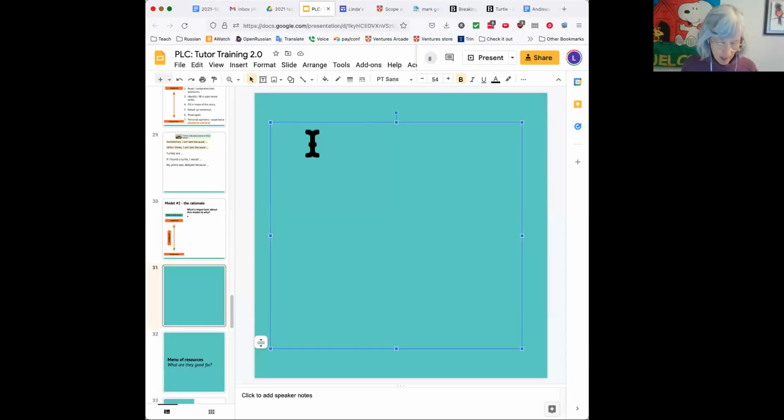So I focus on understandability, and I'll show you some of the kinds of things that I've done recently. In my low-level group, we're doing personal bios. And we came across this word.